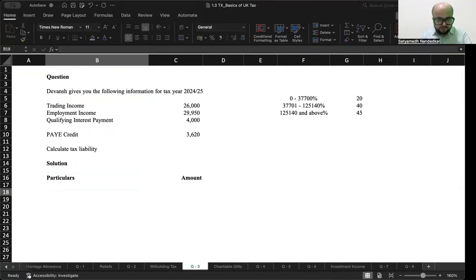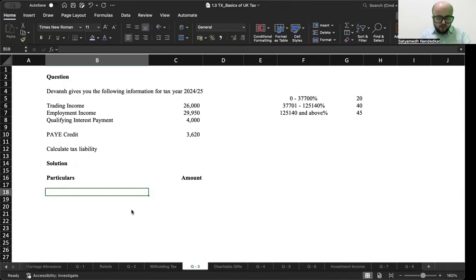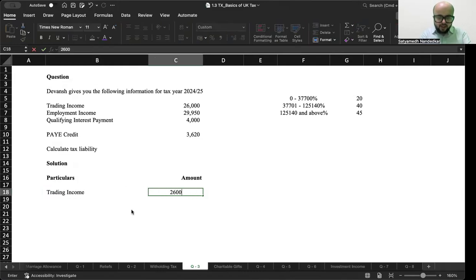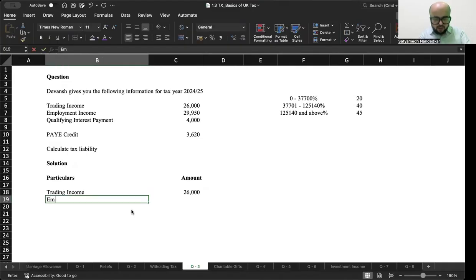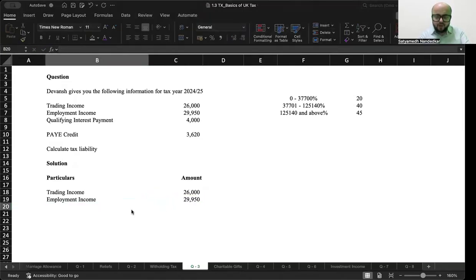Now, pay attention. Let's get his income details in place. What is his trading income? Trading income is 26,000. To that, you will add employment income. How much is that? 29,950. From this, I'll have to subtract the qualifying interest payment.